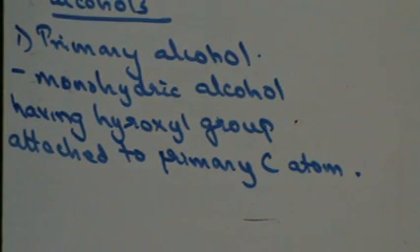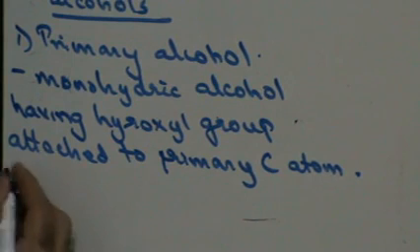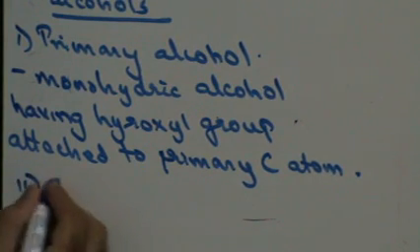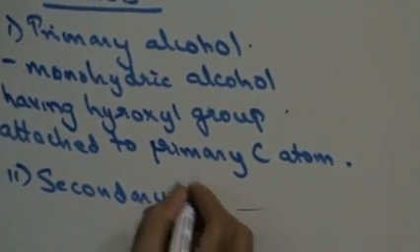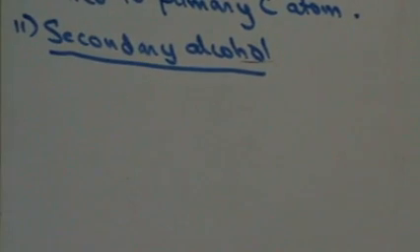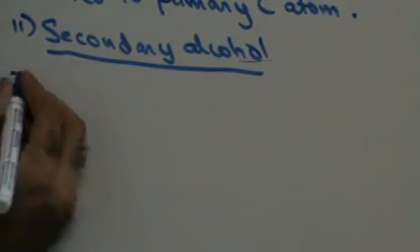Fine. Okay, now that is what primary alcohol is. Next is secondary alcohols. What are secondary alcohols? Secondary alcohols are those monohydric alcohols in which the hydroxyl group is attached to the secondary carbon atom.